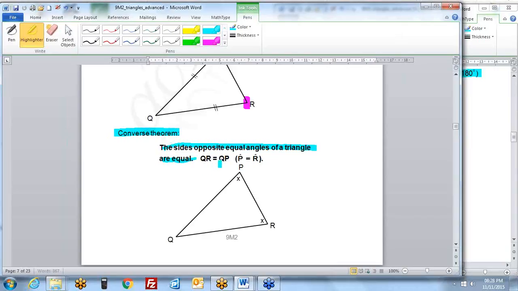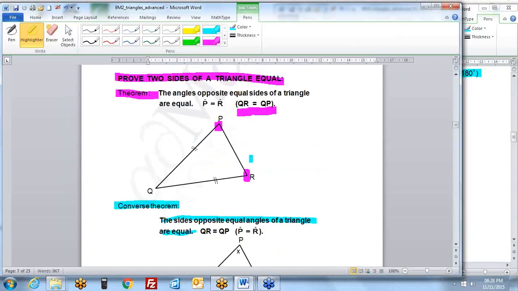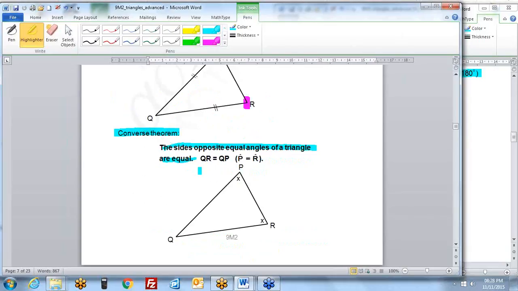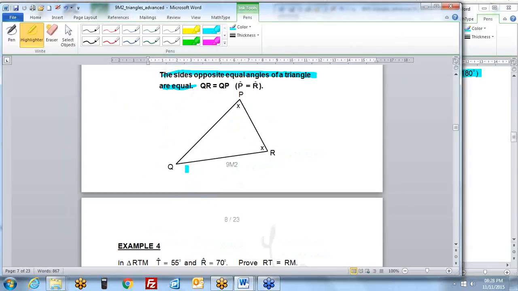So QR equals QP when angle P is equal to angle R. So now you're going to get the angles and you're going to prove the sides. So the angles will now form part of your reason, where previously when you did the normal theorem, they gave you the sides and you used the sides as the reason and you worked out the angles. Now they give you the angles and you have to work out the sides. So it's a vice versa kind of thing.